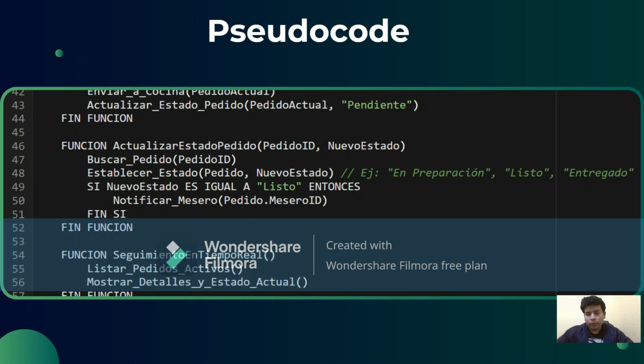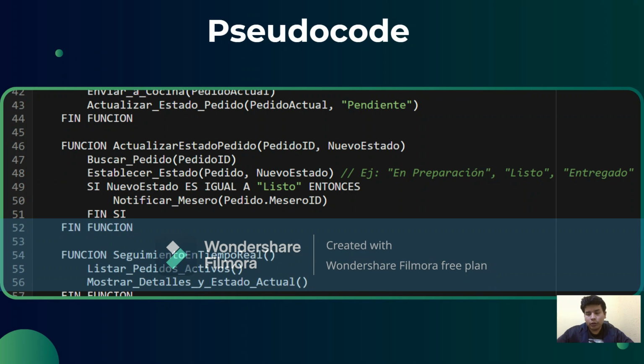The update order status function is used as the kitchen or bar works on the order.